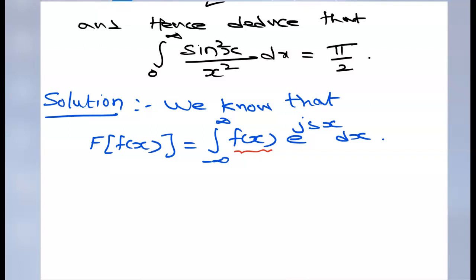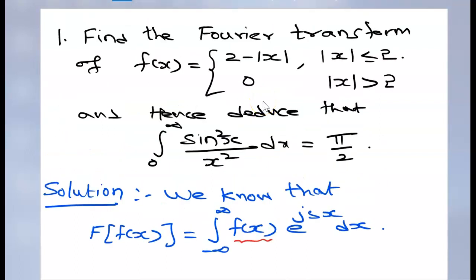Before seeing that, how is this f of x defined? Let me go back to my f of x in this question. My f of x is equal to 2 minus modulus of x when mod x is less than or equal to 2, and it is equal to 0 if mod x is more than 2.